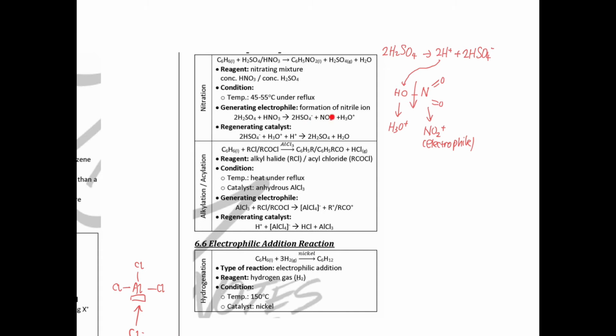The notes just write down the equation without explaining much, so here I show how the breaking happens and how the electrophile is formed. The electrophile will go through the same mechanism again. It approaches the benzene ring, forms a new covalent bond, and then one of the H plus comes out, and at the end the NO2 remains on the benzene ring.